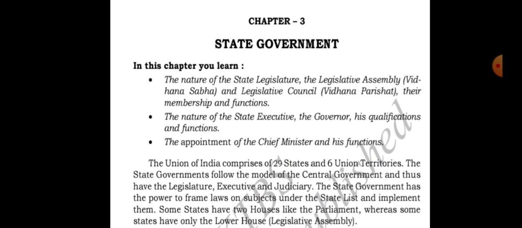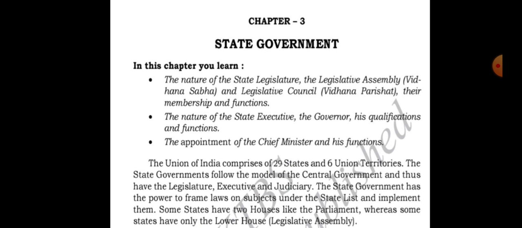The state government, through the legislature, frames laws on the subjects under the state list and implements them in the state. Whatever laws are made by the state legislature are applicable within the state. Even the state government has two houses like the parliament, whereas in some states, depending upon the population of that state, it will have the houses.